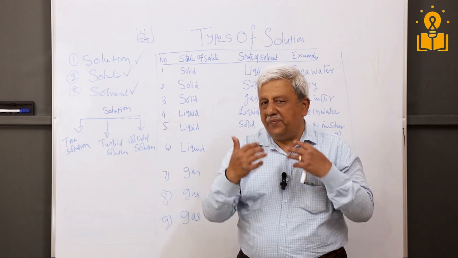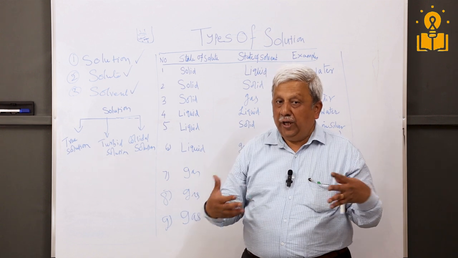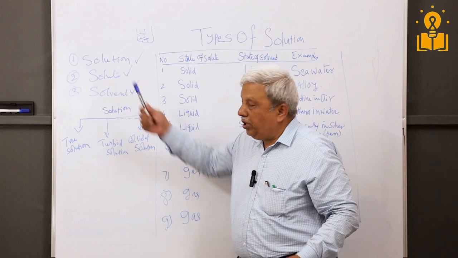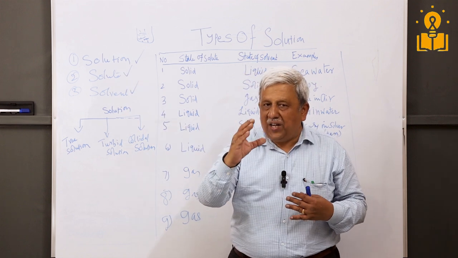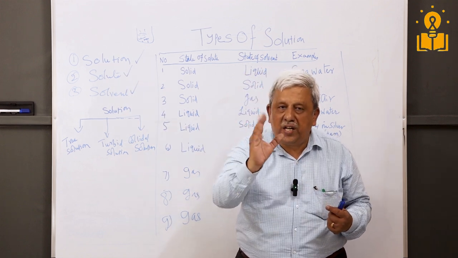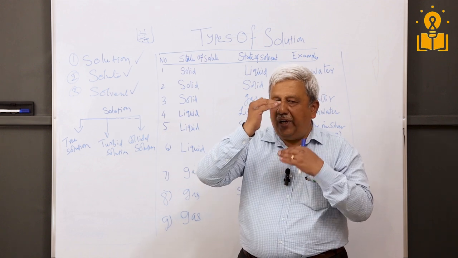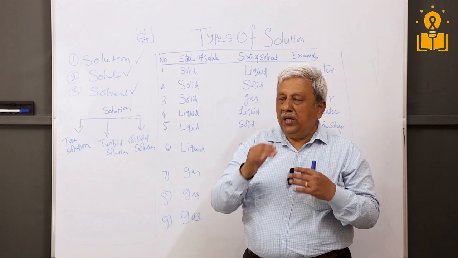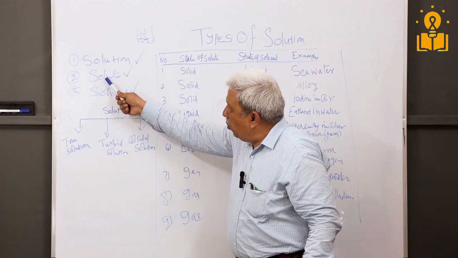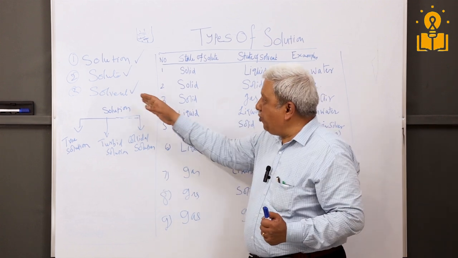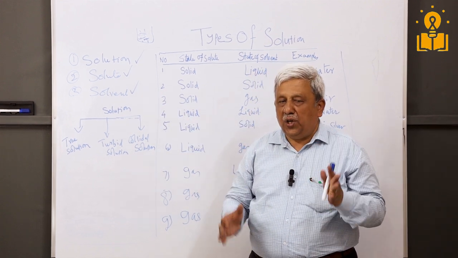Now this is a very general definition. We are not talking in terms of chemistry, so let us talk in terms of chemistry. Solute is that part of the system which is in a discontinuous phase. Discontinuous phase means it is not completely occupied. While solvent is a continuous phase.